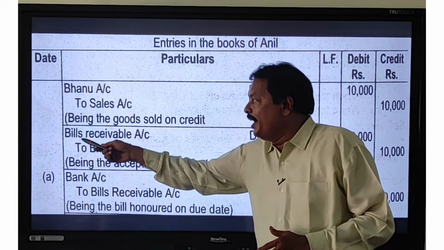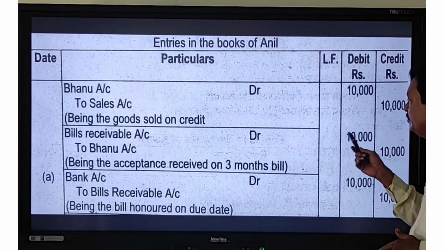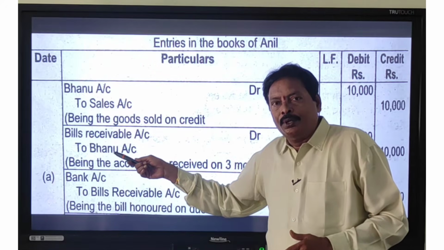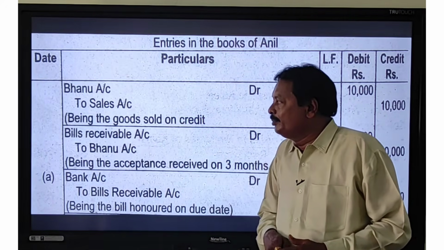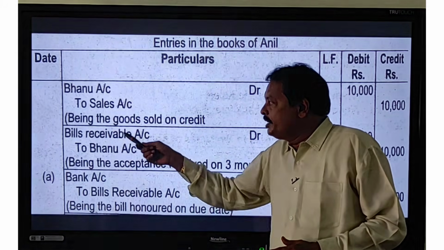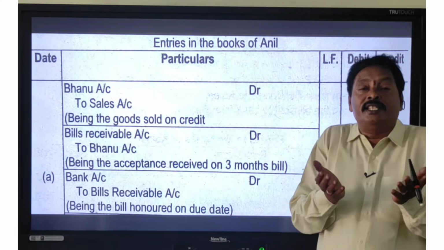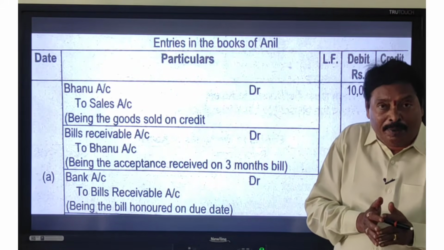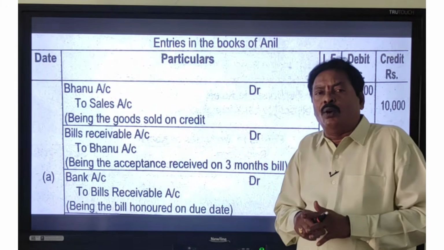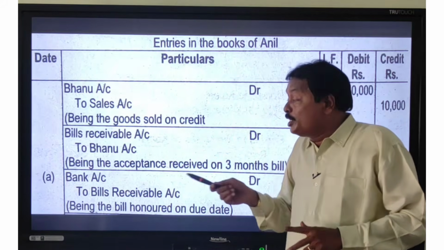That's why we have to debit bills receivable account debtor. Who gives that bill? Banu gives that bill. So Banu is credited. Bills receivable is a real account. Banu is a personal account. Debit the receiver and credit the giver as per the personal account principle. Who gives this bill?